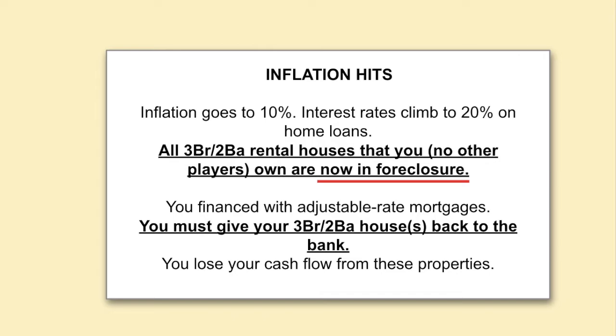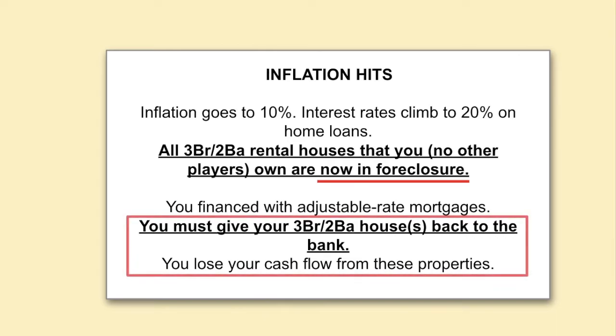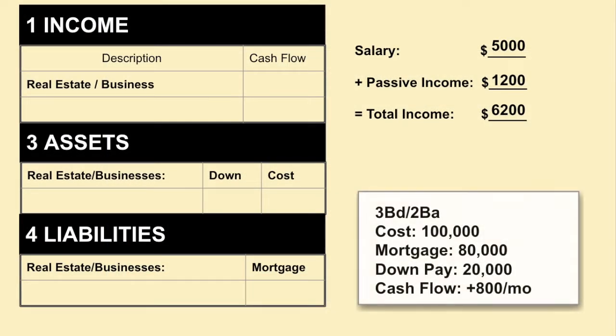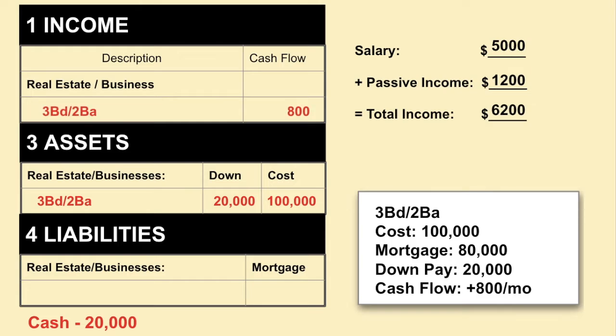That is a foreclosure. So if there is a foreclosure on your balance sheet, you would remove that asset, remove its cash flow, remove the liability, get no extra money back, and that's all. To buy housing, pay the bank cash of the down pay amount, add the housing to your asset list, add the cash flow to your passive income, and add its mortgage to your liability list.